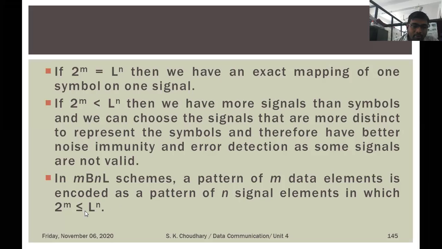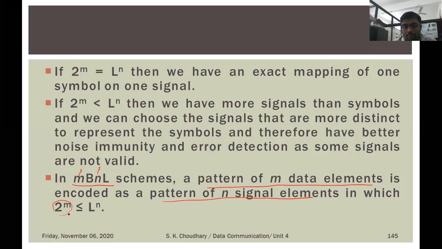So here, the technique we are going to learn today is mBnL. This is a very important formula. Okay. So what is the mBnL scheme? It is a pattern of m data elements, where m is the number of data elements, encoded as a pattern of n signal elements, m is the data element and n is the signal elements, in which 2 raised to the power m is less than or equal to L raised to the power n.